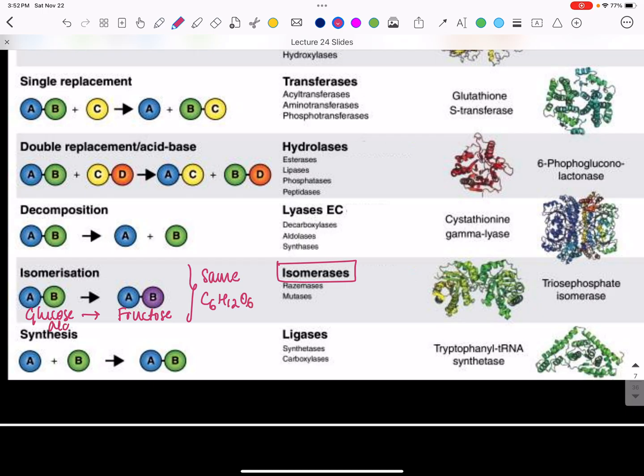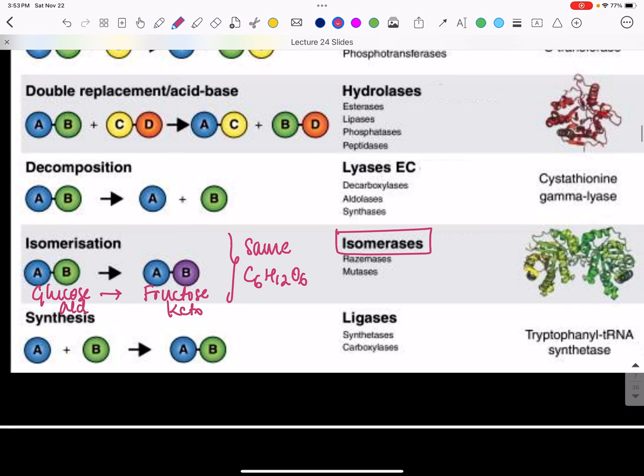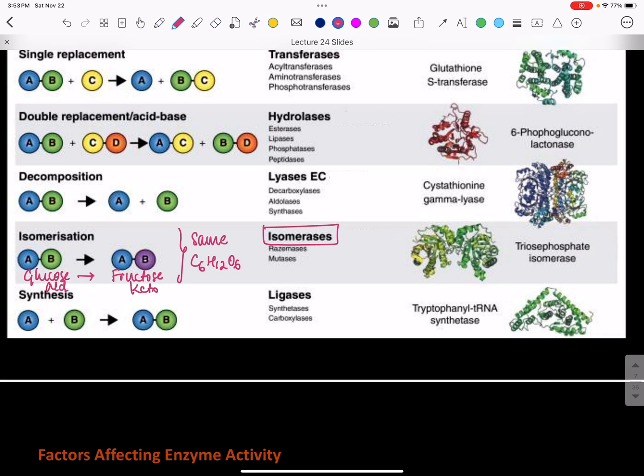So these two are structural isomers, and the isomerase that converts a glucose to fructose is called phosphoglucoisomerase. The last reaction is a synthesis reaction when we combine two compounds to give rise to a bigger molecule.